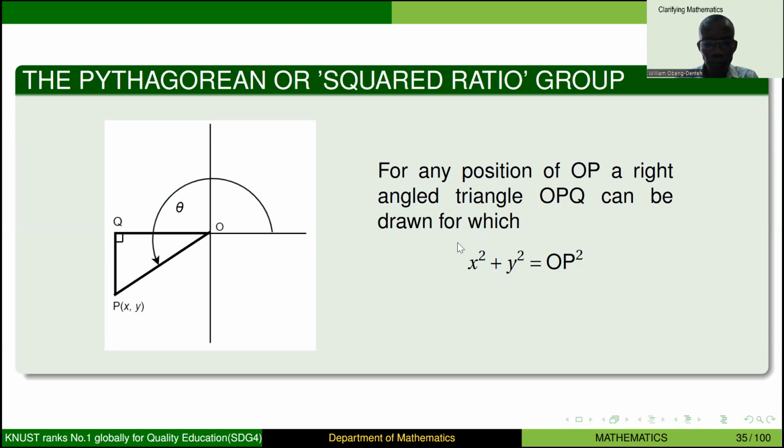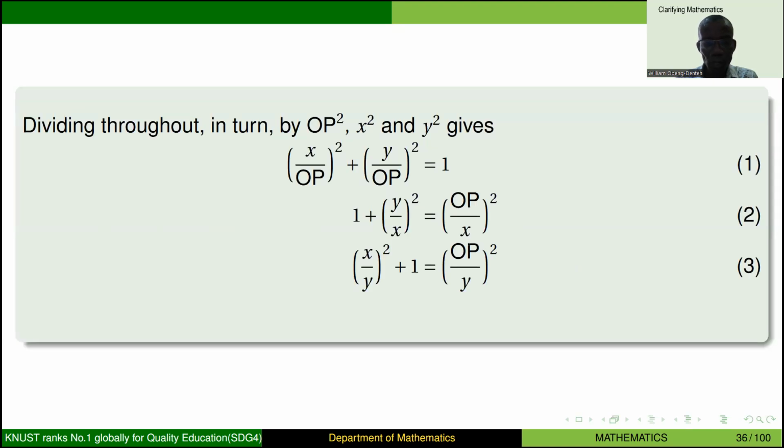So look at it carefully. This is very important when we derive it from this right-angled triangle. This length is the x, this is the y, and that is the hypotenuse or the OP. Then when we square x and y and find their sum, that will give us OP squared. Now, dividing through, as I said earlier on the previous slides, we divide through by OP squared.